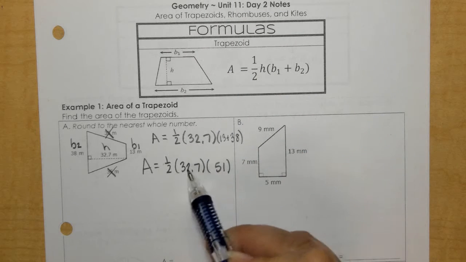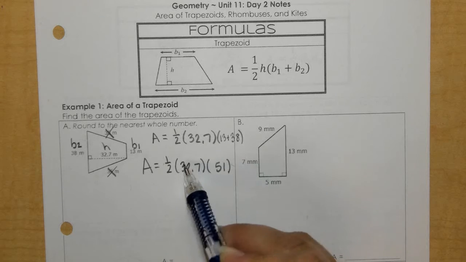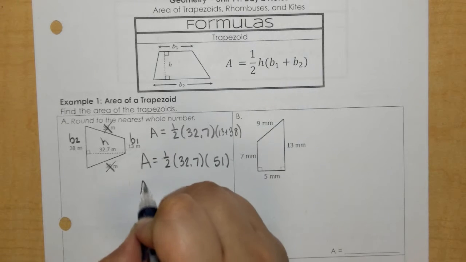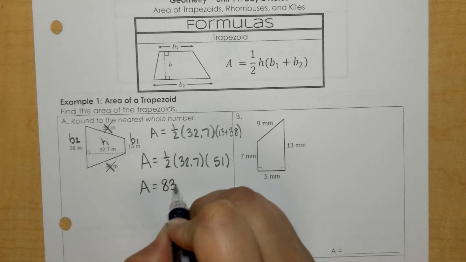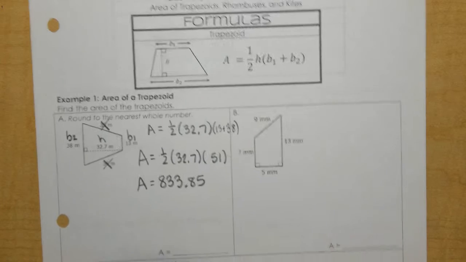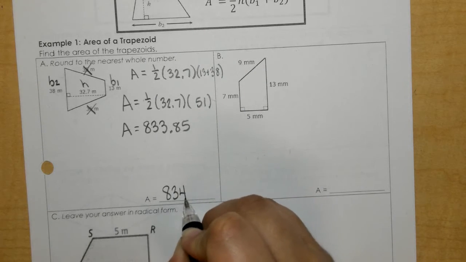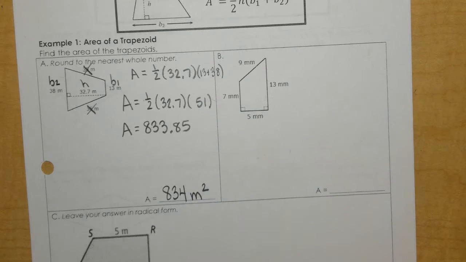Okay. Then I would multiply the two numbers, and I would divide that by 2. And that gives me 833.85. But it does say round to the nearest whole number for this problem. So that would be 834 meters squared.